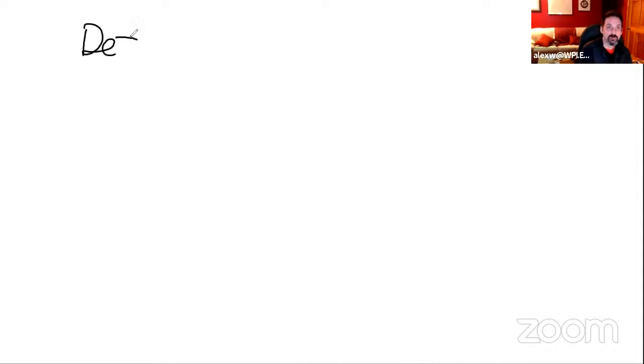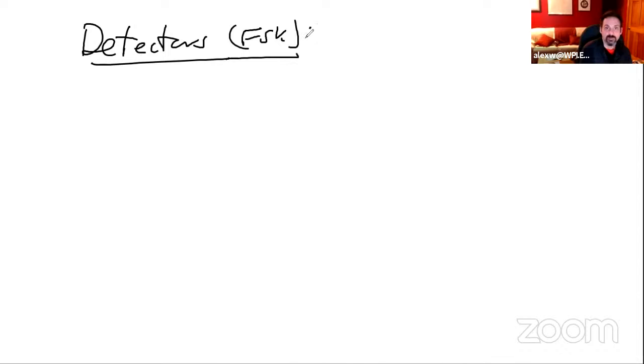So how do you decode, in this case, an FSK signal? Just like we had modulation schemes, we also have demodulation schemes. There are two. One is coherent.